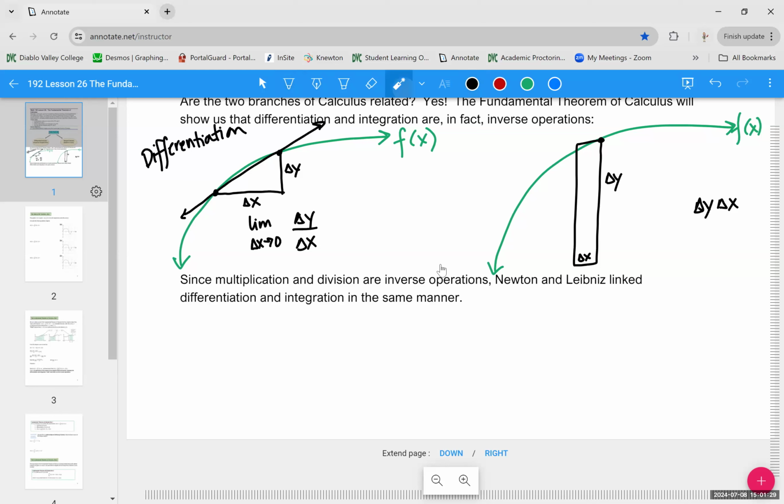But we were also trying to make this width as small as possible, so we were also doing a limit as delta x approaches 0. So you can see that we are doing the same limits, but in one place we are dividing and in one place we are multiplying. And multiplication and division are inverse operations, right? They undo each other. So the inventors of calculus linked these two operations in the same way.